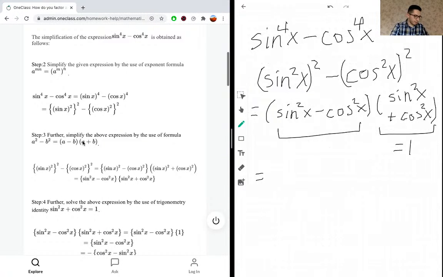We have to think of a trig identity that can help us simplify this down even further. We can rearrange this to equal cos squared x minus sine squared x, so we just factored out the negative in the beginning.